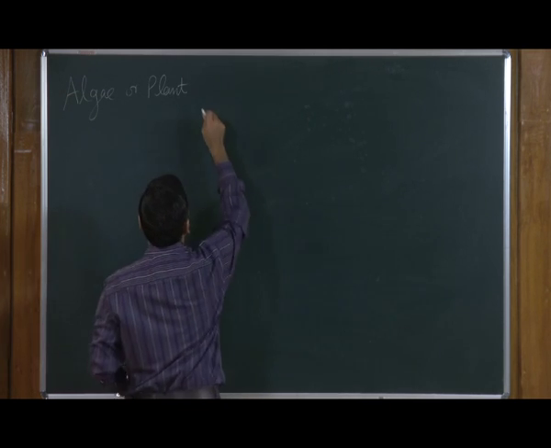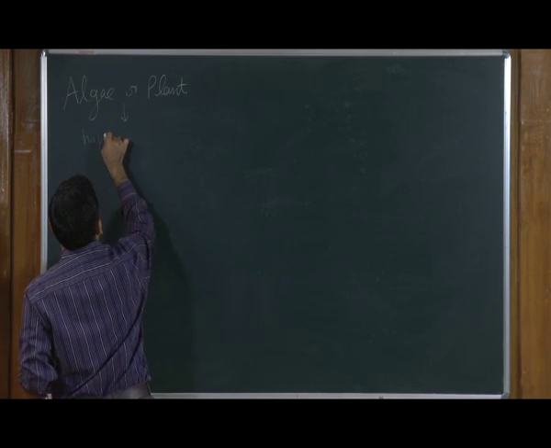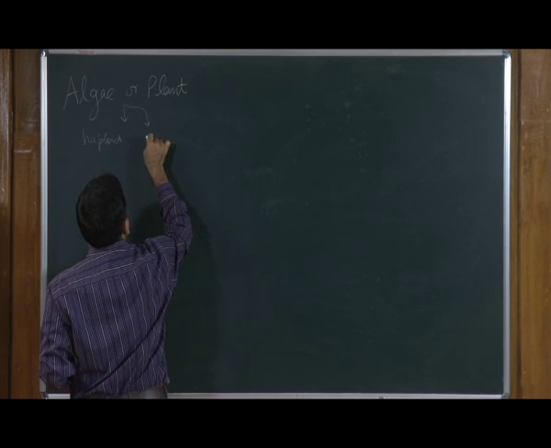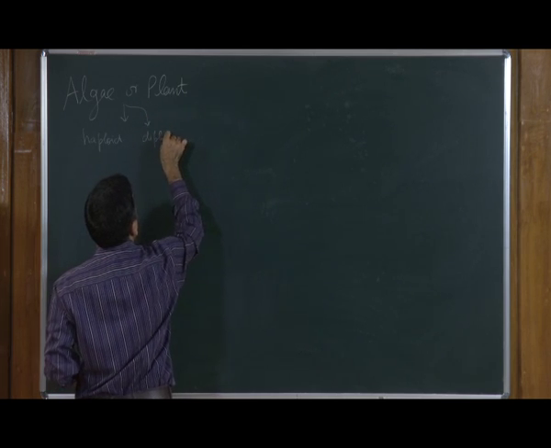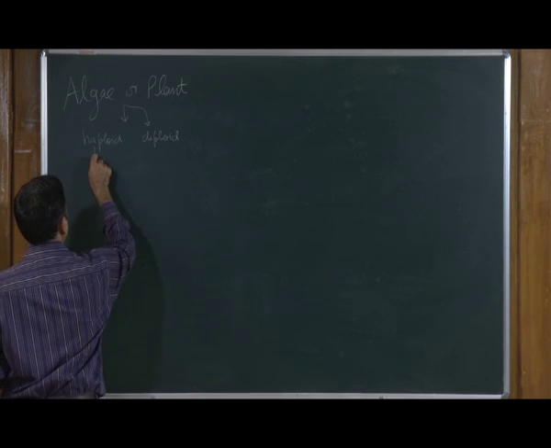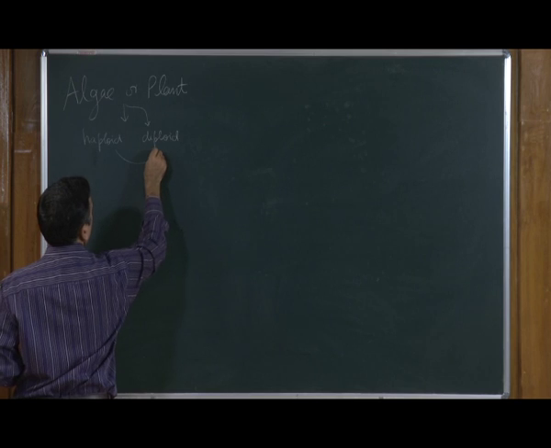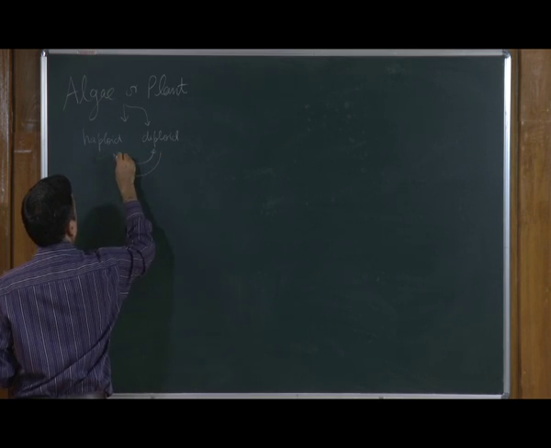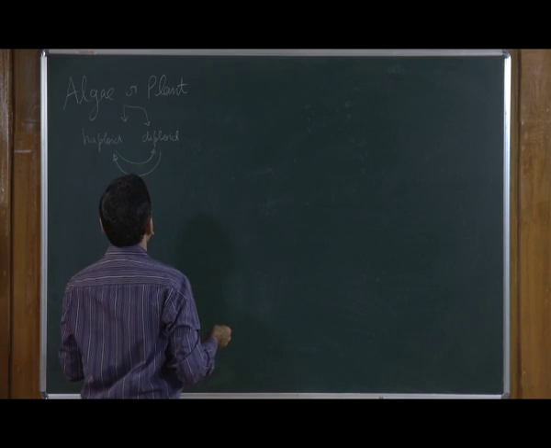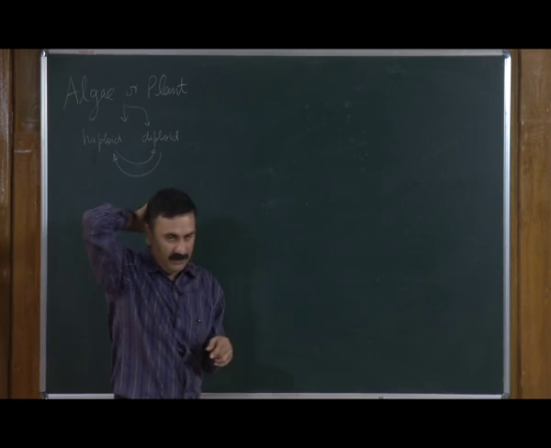Algae could be haploid or algae could be diploid. These two stages can be interchangeable with each other, and that is how the algae has a very complex life cycle.